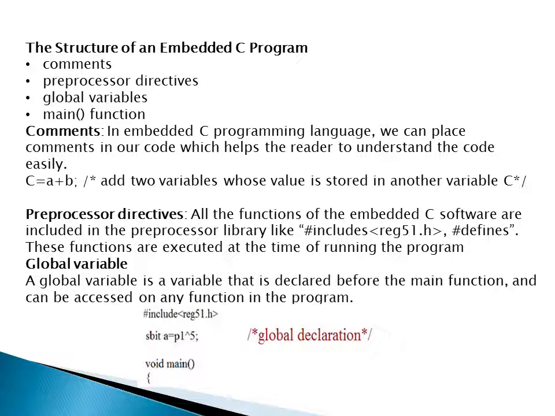Comments. In the embedded C programming language, we can place comments in our code, which help the reader to understand the code easily. For example, C is equal to A plus B, that is, add two variables whose value is stored in another variable C. Next is preprocessor directives.